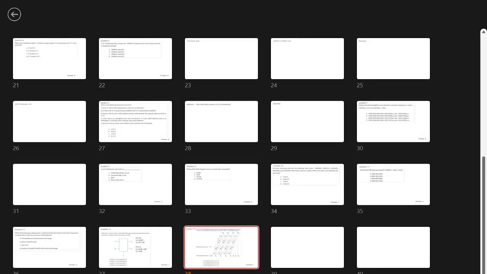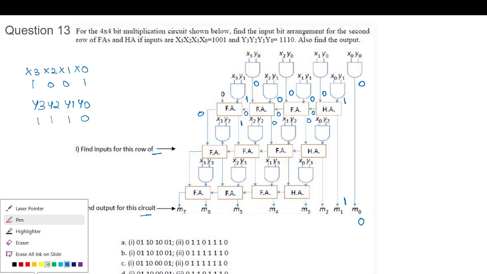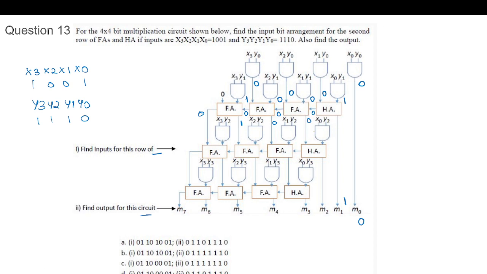Okay, now let's change the color. x0, y2 is 1. x1, y2: x1 is 0, so it will be 0 only. x2 is 0. x3 is 1, y2 is 1. Now, 0 plus 1 is 1 and carry 0. All zeros, so 0, 0. 1, 0, so 1, 0. Here also 1, 0.